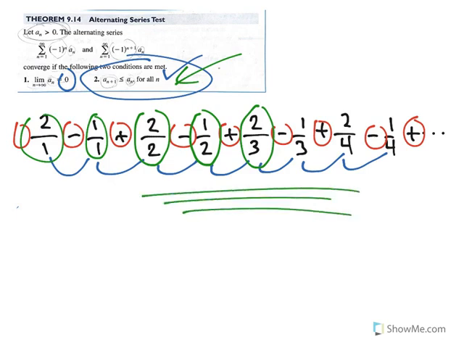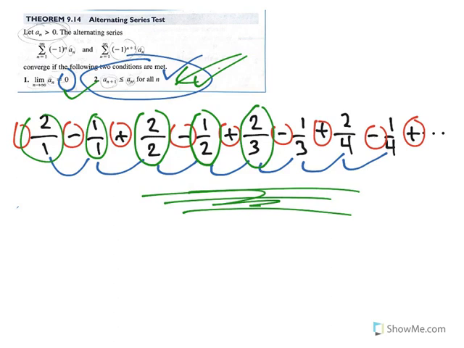So the second condition is not satisfied, so we cannot use the alternating series test in this case. So because of that, what are you going to say? You cannot really say anything. You just have to do some additional thinking to determine if this series converges or diverges. If the alternating series test cannot be applied, you have to do something else to reach a conclusion about convergence or divergence.